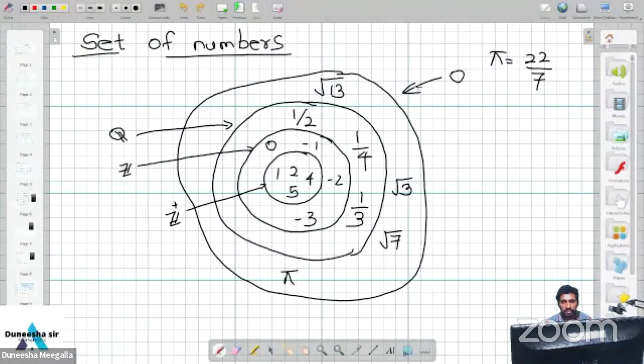Q dash. All of these, including this, belong to the real numbers.